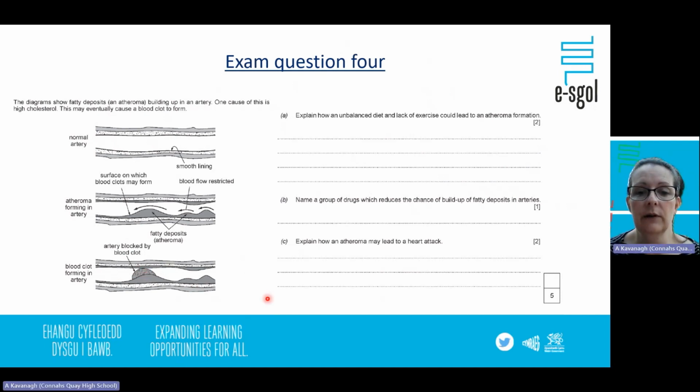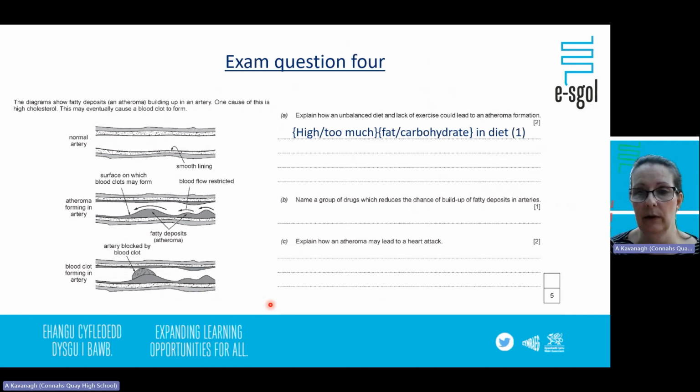So we've got some questions to answer relating to these diagrams and also relating to our own knowledge of this. Our first question asks how an unbalanced diet and lack of exercise could lead to an atheroma forming. There are some key terms here that the examiner has highlighted. Either high fat or high carbohydrate, or too much fat and carbohydrate in our diet.